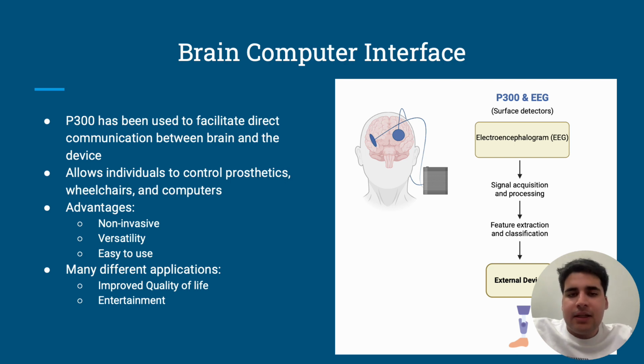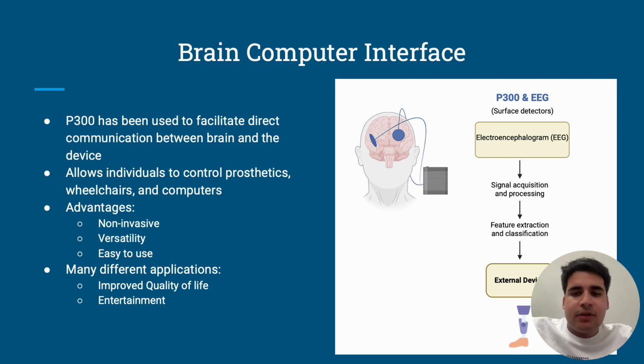Another advantage of the P300 brain computer interface is that it is easy to use and it is not complicated, nor does it require substantive education or learning prior to the implementation, so that the subjects can just watch a video for a few minutes and they are good to go.